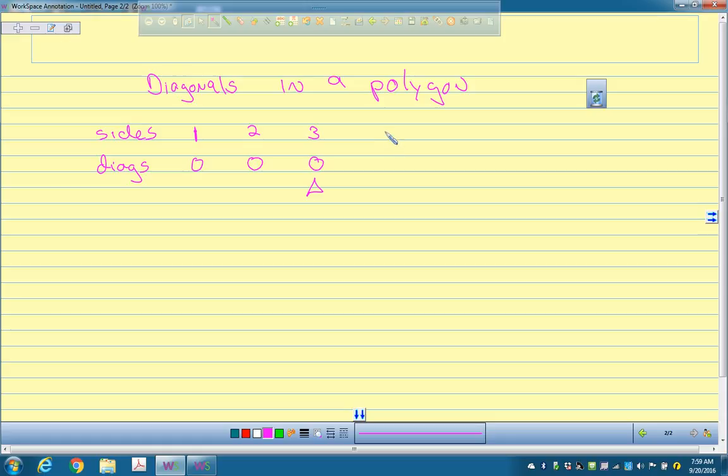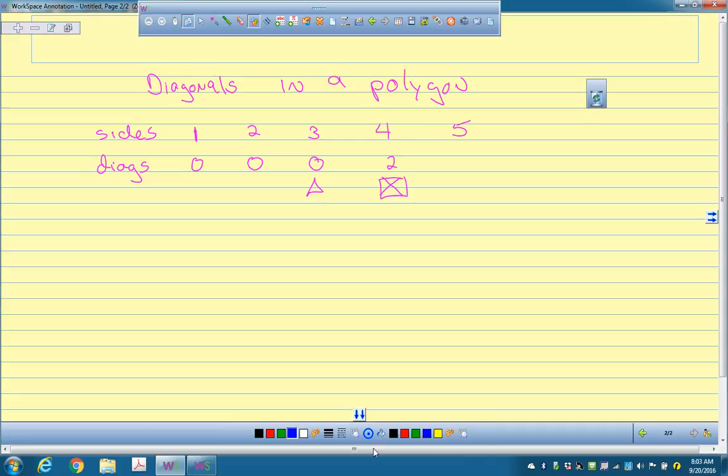Because that would be a triangle, right? Triangle, no diagonal. And now I get to 4 sides, and I have a quadrilateral. How many diagonals can I have? 2. Okay, 1, 2. 5 sides. Pentagon. Let's see if I could draw a nice pentagon.